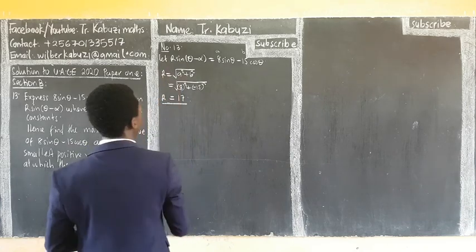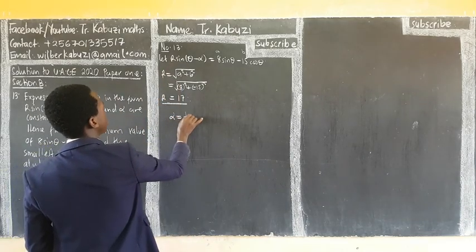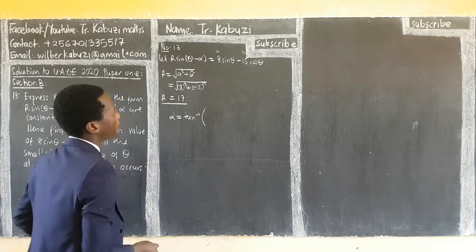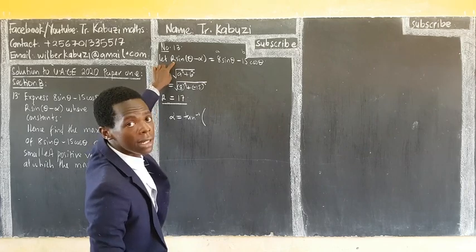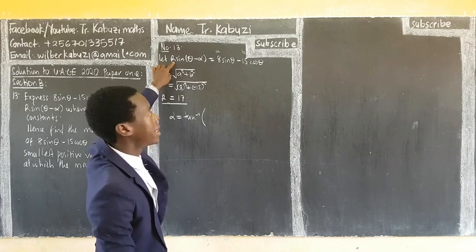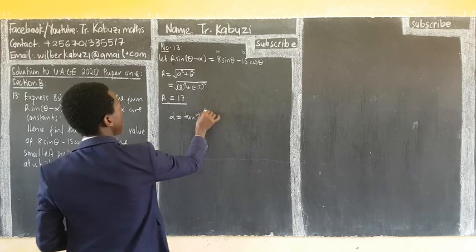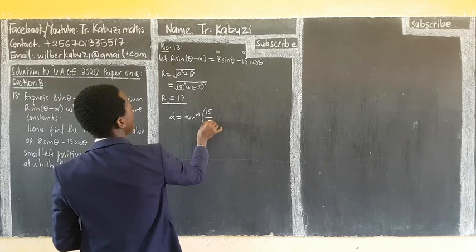How do I get alpha? Our alpha is equal to tan inverse of. Always get used that we are using here sine, so its coefficient now becomes a denominator. So you get now 15 over 8.